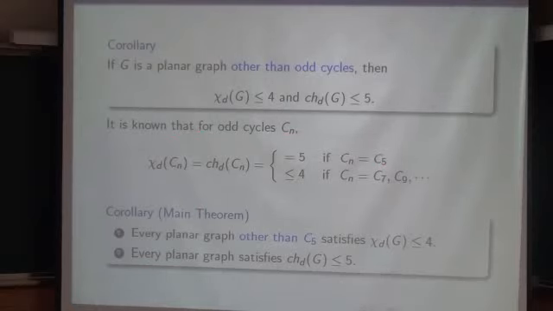Every planar graph other than C5 satisfies that the dynamic chromatic number is at most 4, and every planar graph satisfies that the dynamic choice number is at most 5. So we can just combine the two results.